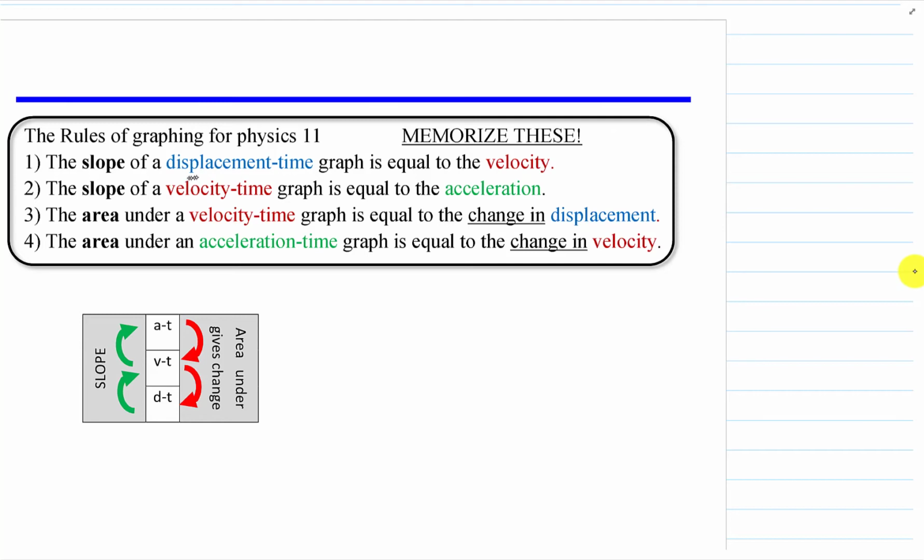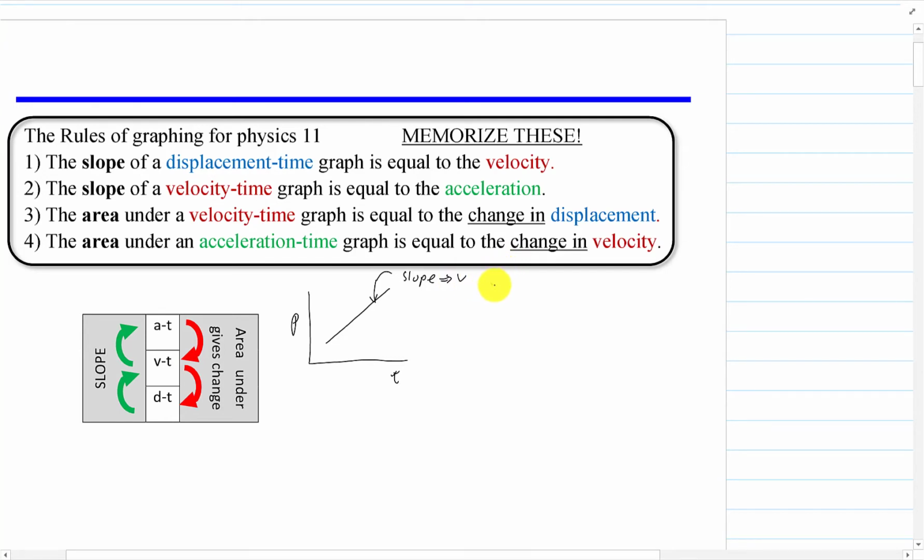Here we go. The four rules are there on page 4 in your package. The slope of a displacement time graph is equal to the velocity. So if we have a position time graph or a displacement time graph, this is just a review, and there's a line on it. The slope of that gives us the velocity.